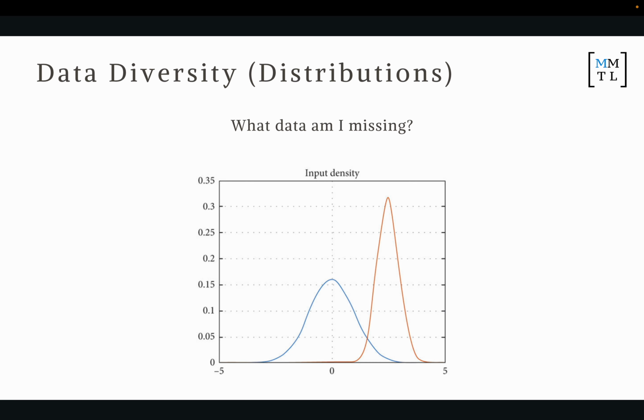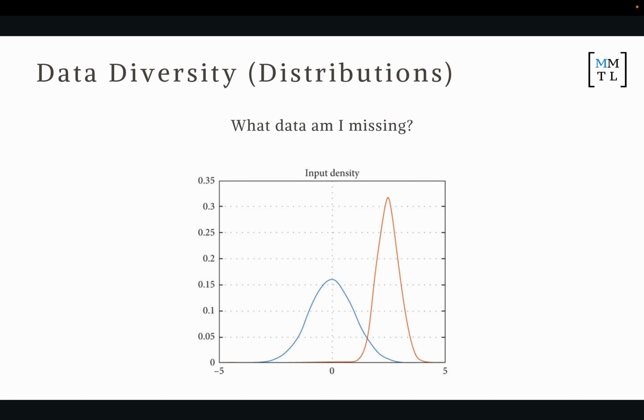Right, data diversity. So again, I keep on talking about this. This is a really important concept to always be thinking about, which is, what data have I trained on and what might I be missing, right? What that looks like in a healthcare context is, say I train on Monash Health's data.